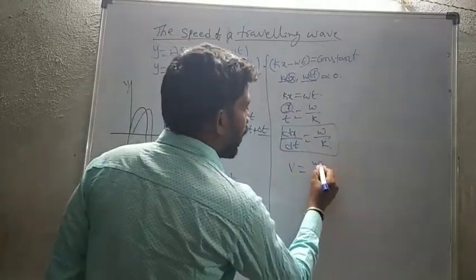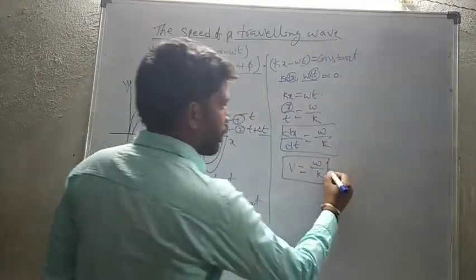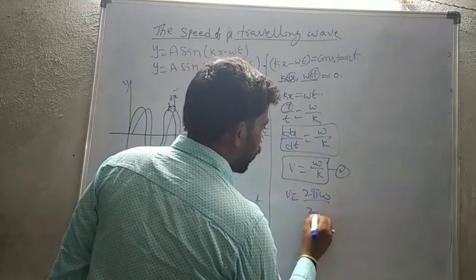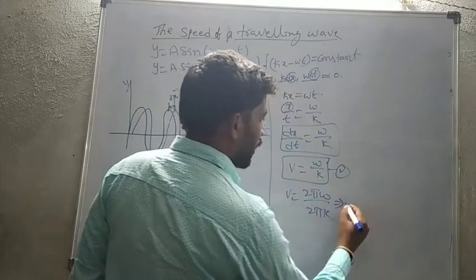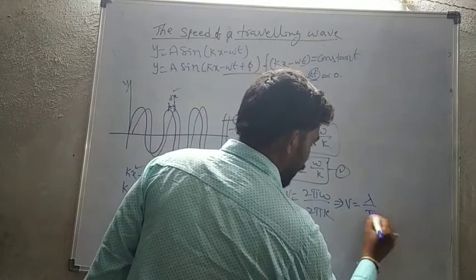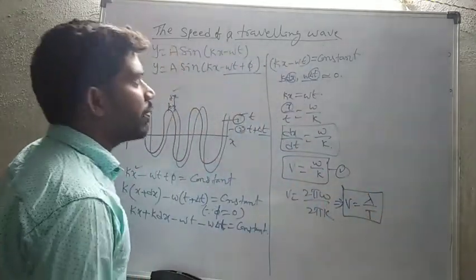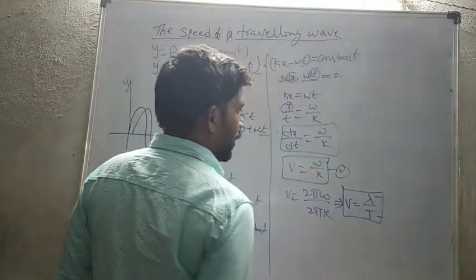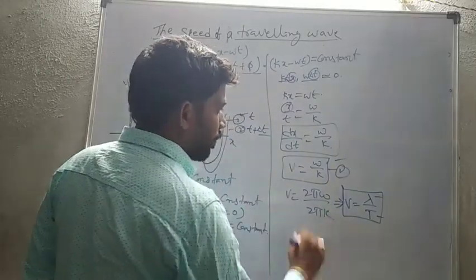So v equal to omega by k, or v equal to 2 pi omega by 2 pi k. We can write this as v equal to lambda by capital T. This is another form of the speed of the traveling wave in terms of lambda and T. The earlier one is the velocity in terms of omega and k.